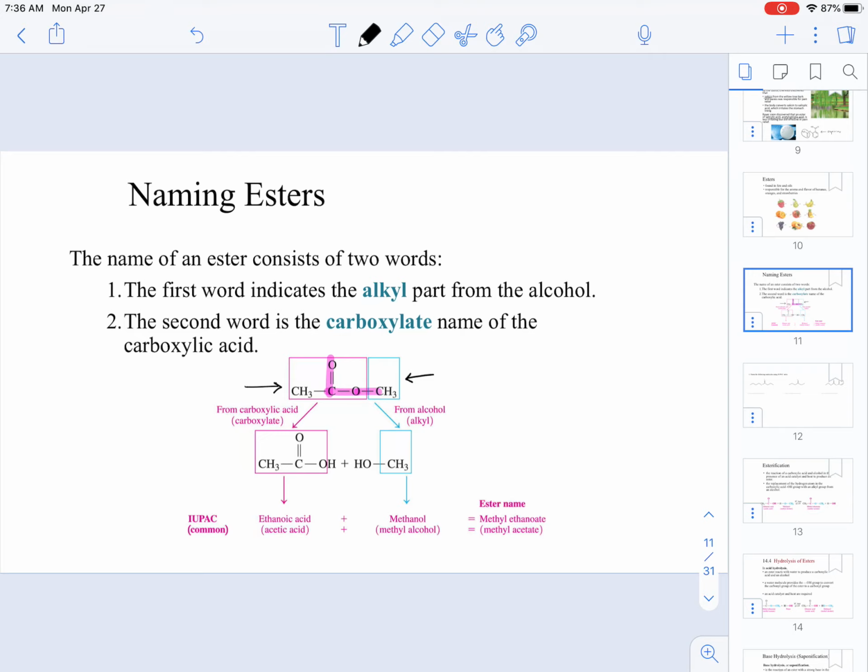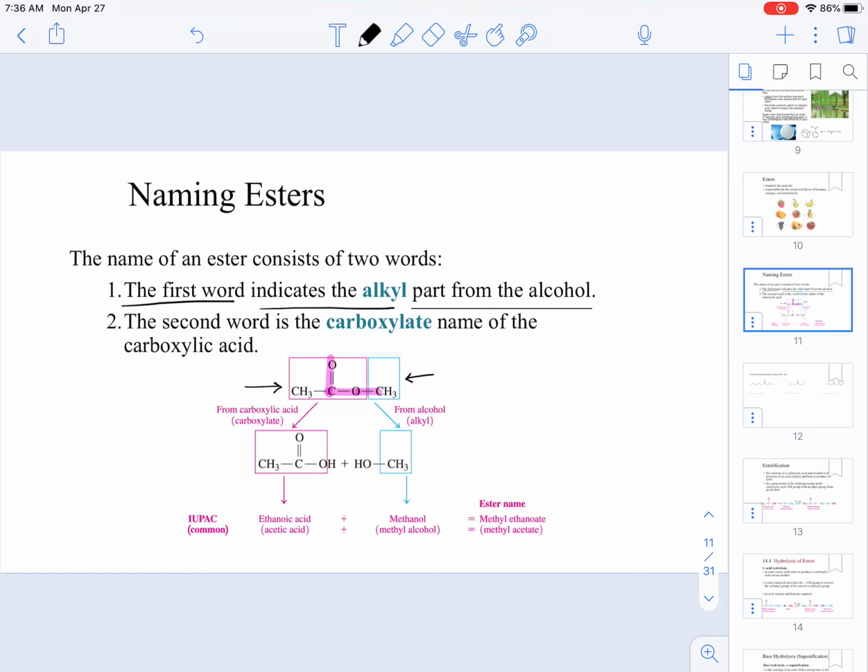When we are building the name of the ester, the first word indicates the alkyl part of your ester, which, as we'll see when we synthesize esters, comes from the alcohol. The second word is the name derived from the carboxylic acid. So this gives you a hint into how esters are synthesized.